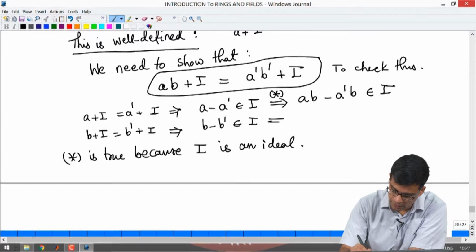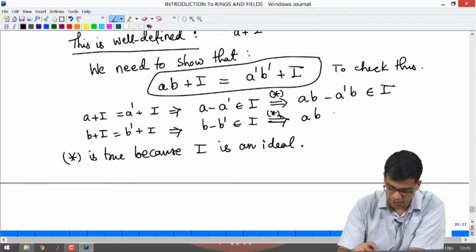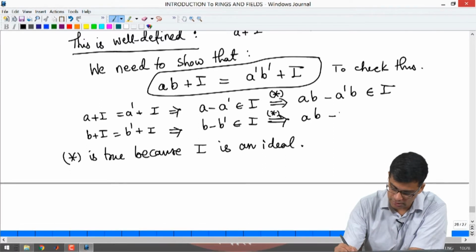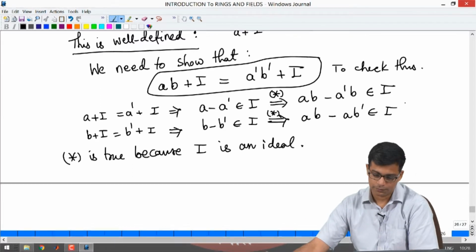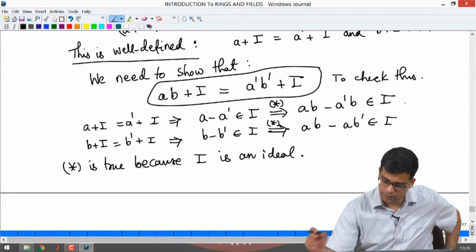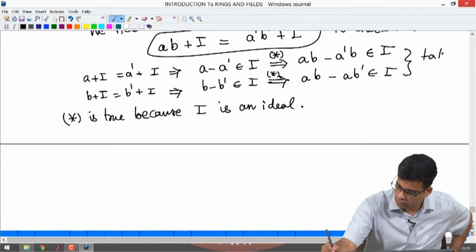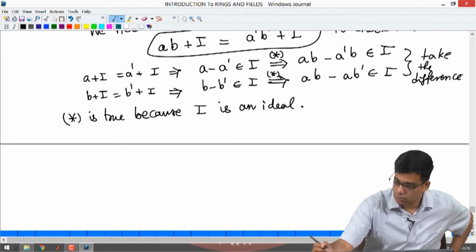Similarly, I multiply the second one, this is also because of star, by a. So, ab minus ab prime is in I. Okay. So, what I have is ab minus a prime b is in I, ab minus ab prime is in I. So, now take the difference. I is an ideal.